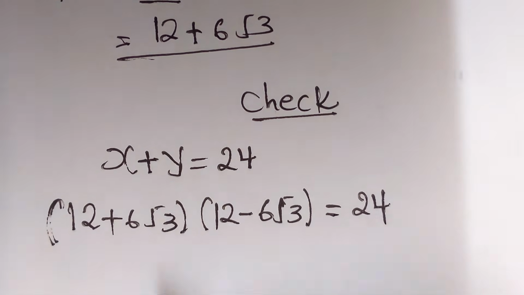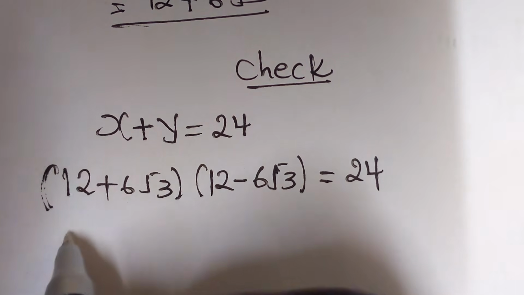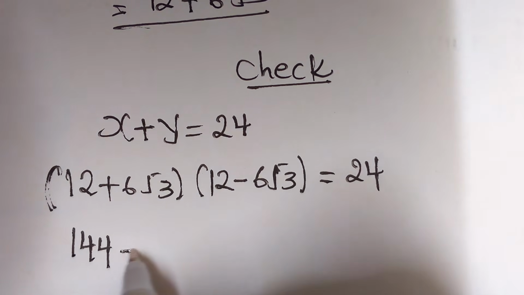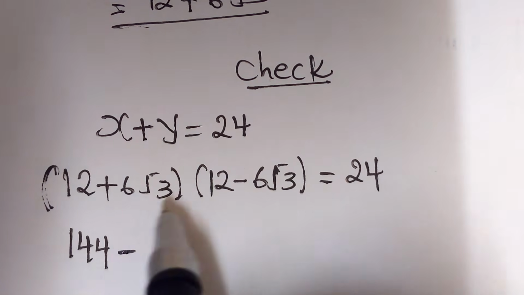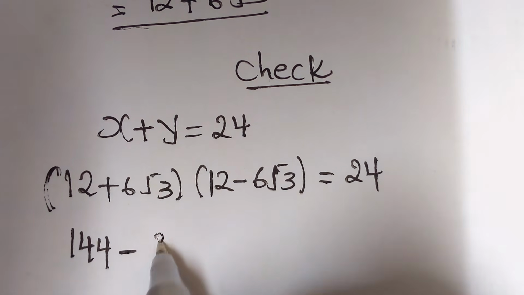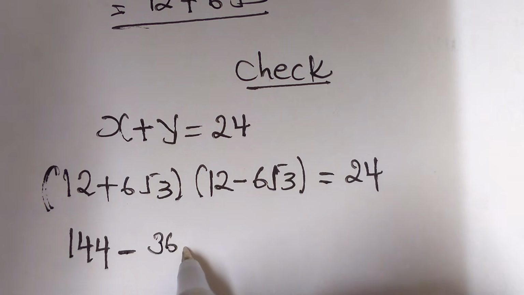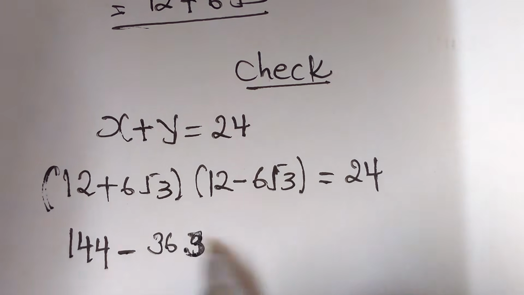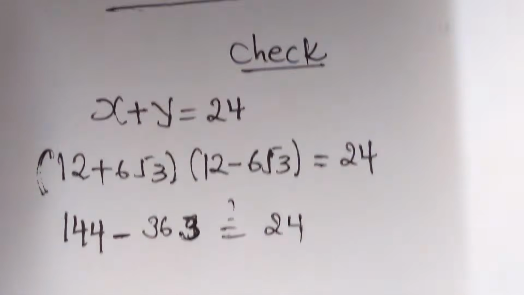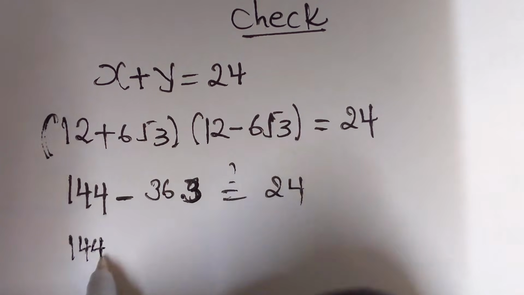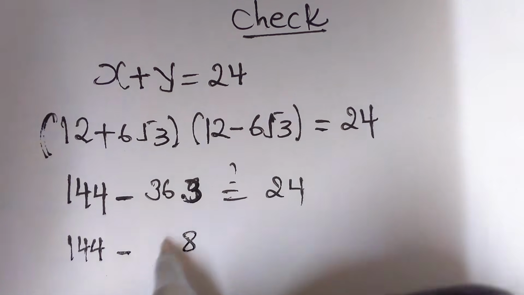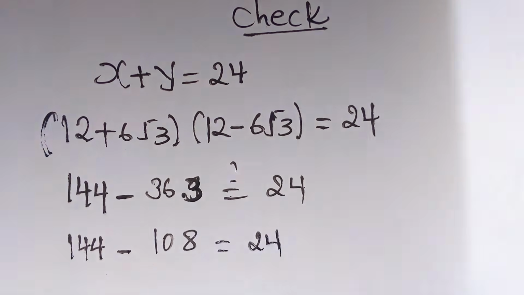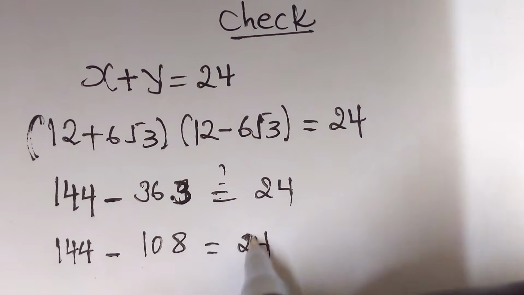If you look nicely, this is the difference of two squares, where this will be 144 because it's 12 squared, then minus 36 times 3, just to check it goes to 24. So this is 144 minus 108, which is 36.